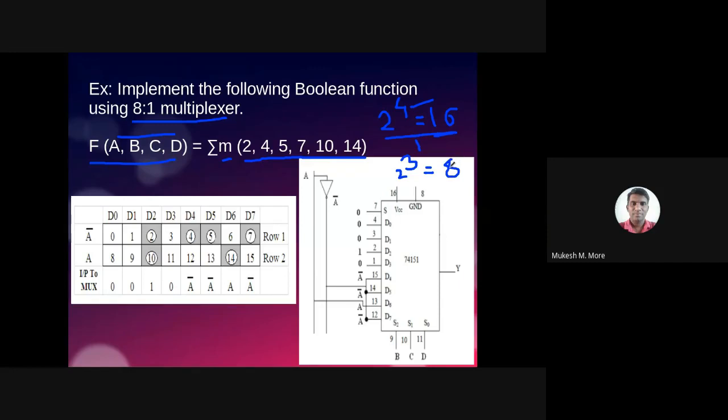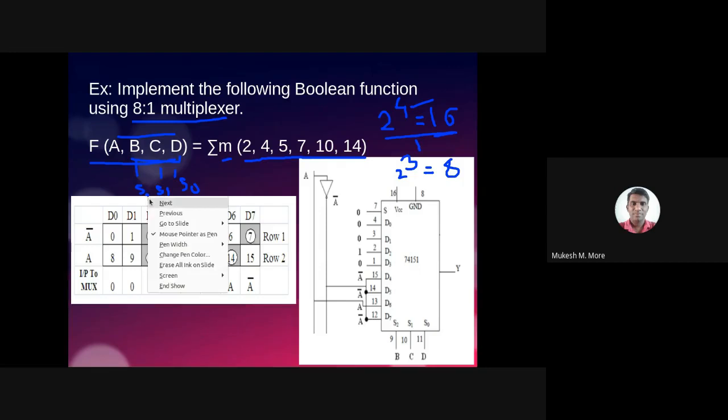So what do I have to convert? The given equation is of size 16 is to 1 mux, but I have to use an 8 is to 1 mux to design this 16 is to 1. Now the formula is that you just consider B, C, D. For this, D I am considering S0, C S1 and B S2.